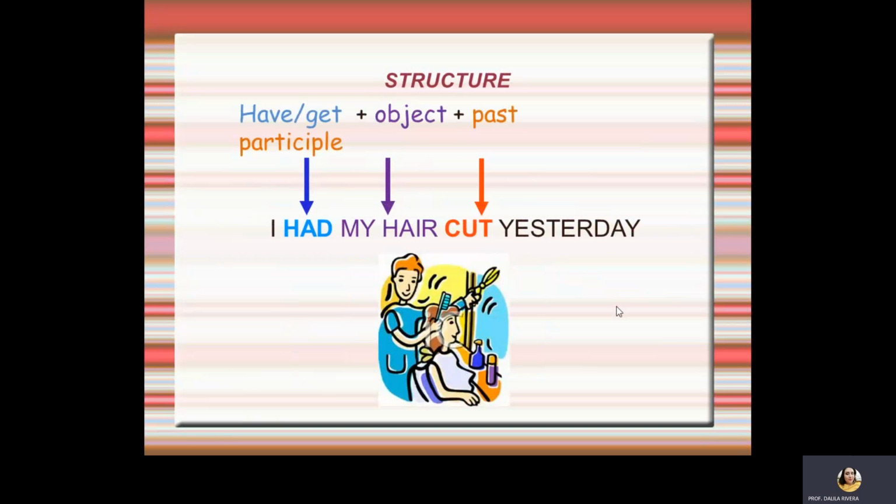And again, you have here the structure: have or get, in this case past, the object, in this case my hair, and the verb in past participle, cut. I had my hair cut yesterday.